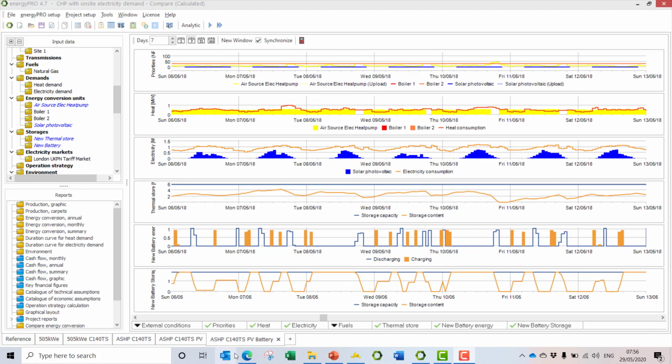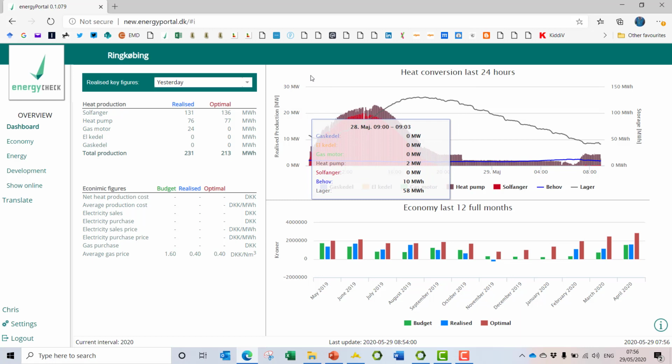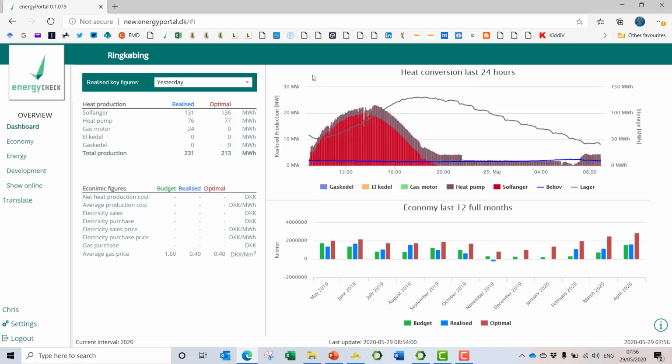Let's now have a look at energyCHECK. So this is a web tool. It runs energyPRO in the background on a server, and as I said earlier, this is used to monitor a system. And you can see here that it's actually pointing at a system in Denmark, in the town of Rinkeby, which is on the coast of Denmark.